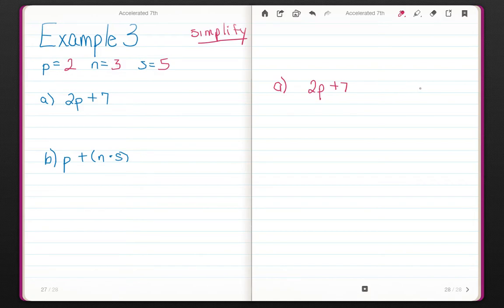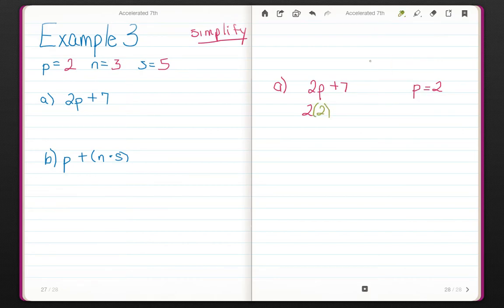So over here off to the side, I'm going to write the value of my variable p. Notice that there is a good space in between so that we do not confuse or mix the expression with the value for p. Next, I'm going to substitute, and I'm going to switch colors here so that you can really see what I'm doing.